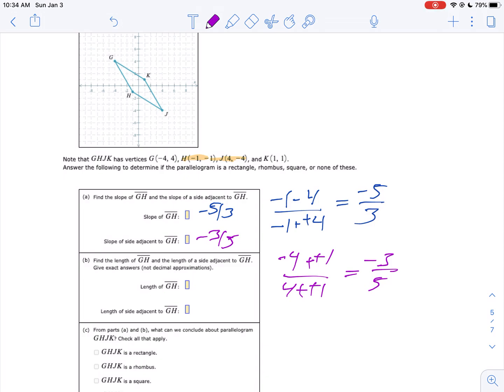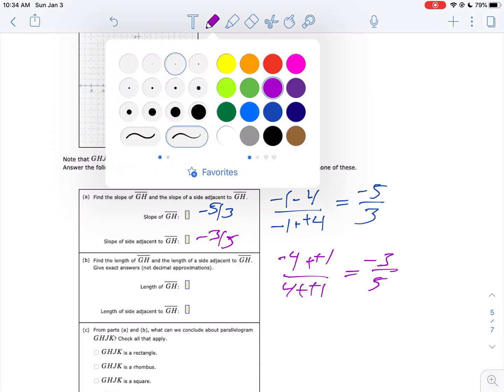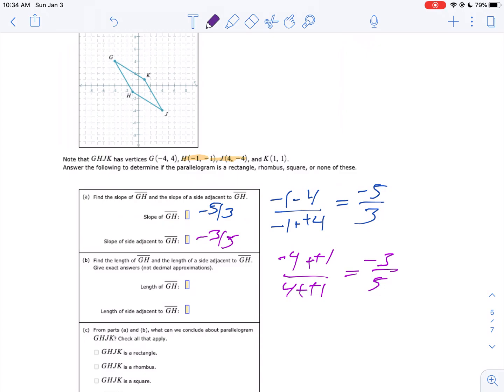Now we're going to find the length of G to H. Well, we're going to use the distance formula again. And now, do you notice that you use slope when you do this? Because y2 minus y1, that will be negative 1 minus a negative 4 squared plus negative 1 minus 4 squared. Well, negative 1 minus a negative 4 is 3.